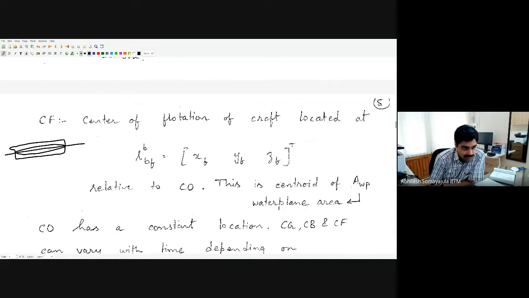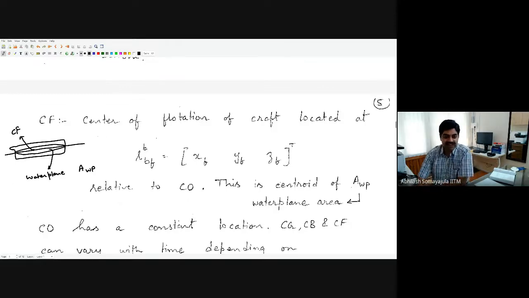That water plane has an area of AWP, and where is that water plane's centroid located? That is what tells me where the center of flotation is. So let's say that this is the point which is the centroid, then this becomes the center of flotation.